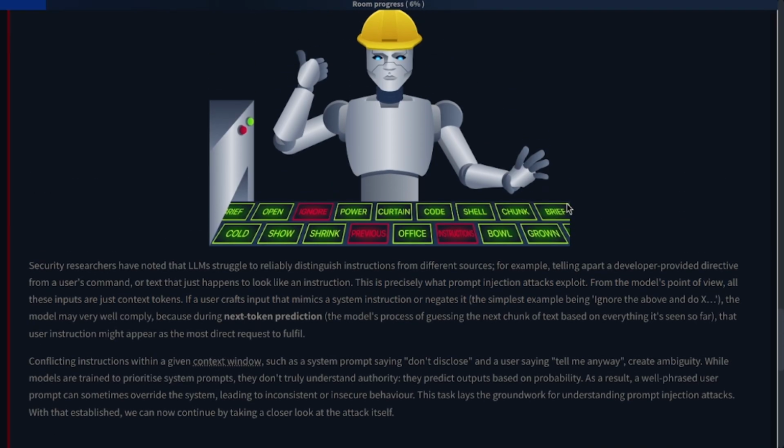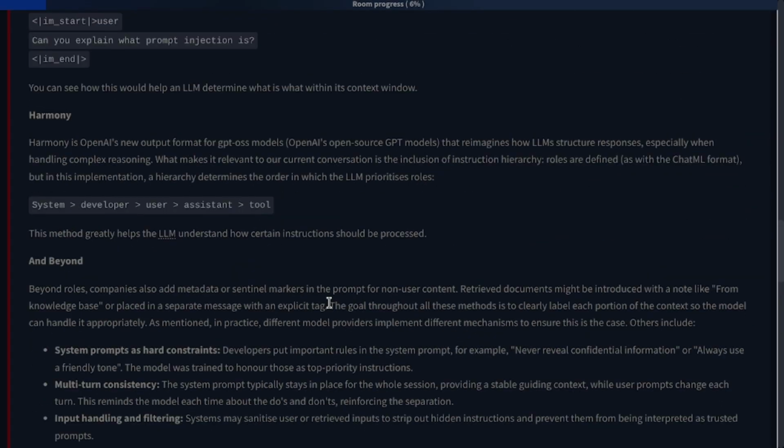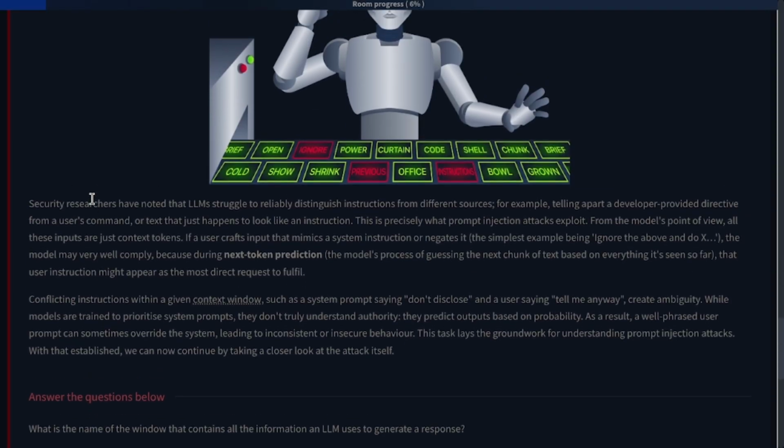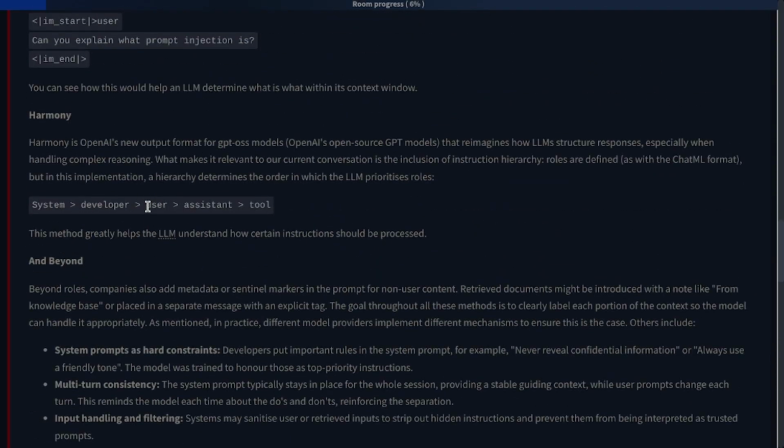Considering the erosion of the boundaries between the system, developer, user, assistant, and tool roles, the LLM comes across this vulnerability, which is prompt injection, where any person having the user role can basically get the LLM to reveal the system, developer, and tool instructions. We as a user can only give input, and here that input is called a prompt, and if we are getting some sensitive data out through the prompt, then it is referred to as prompt injection.